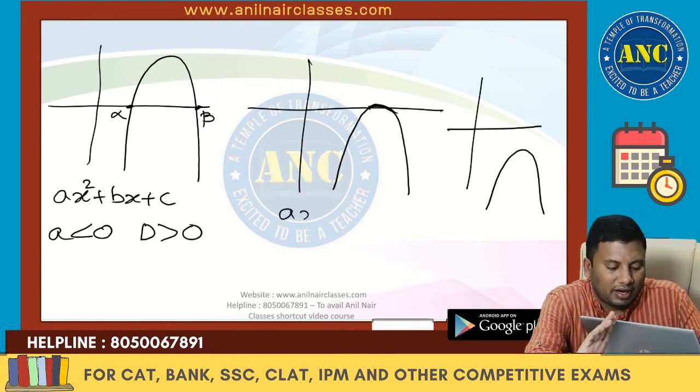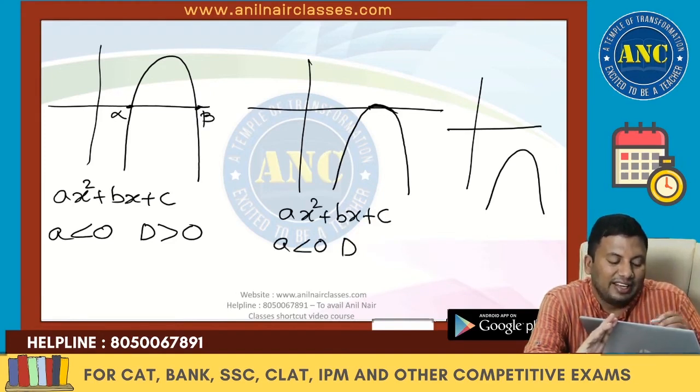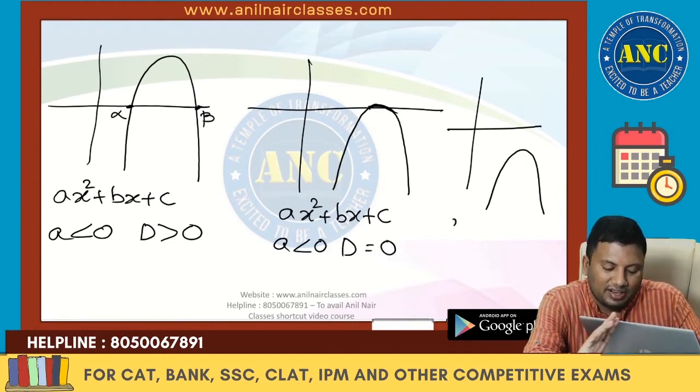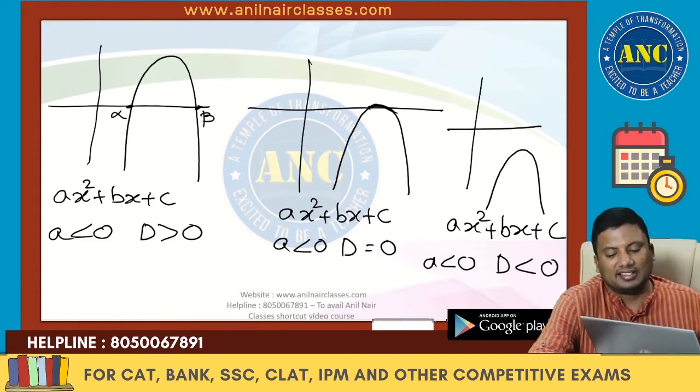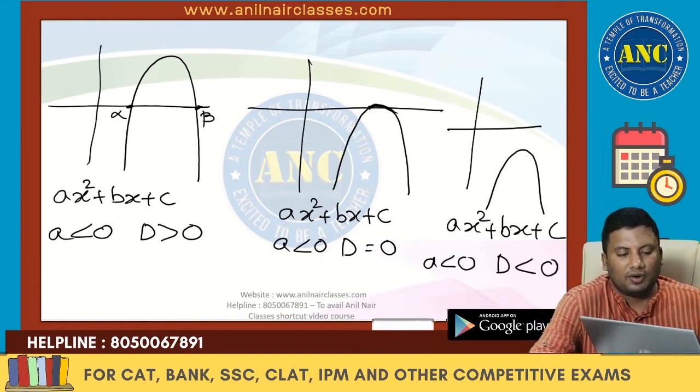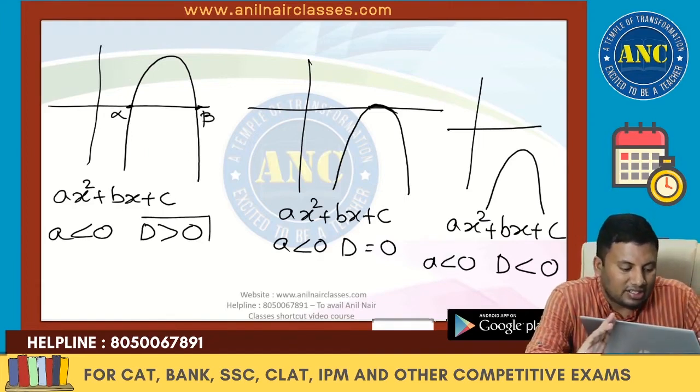D is the discriminant of ax square plus bx plus c. A is less than 0, d is equal to 0. This is the graph for ax square plus bx plus c. A is less than 0 and d is less than 0. D greater than 0 means real and unequal.